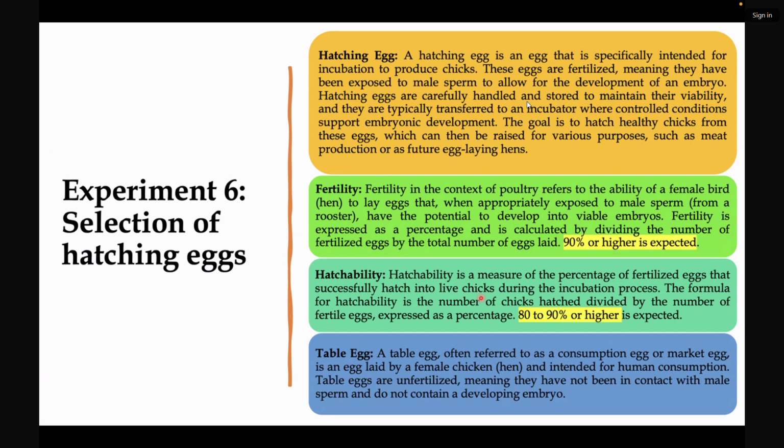And nowadays there are many enterprises who go for AI, artificial insemination, in the females.